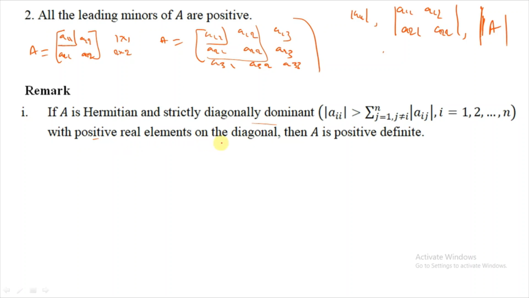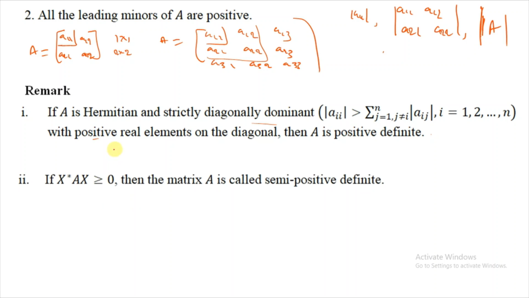Then A is positive definite. This is applicable only to Hermitian matrices. If a Hermitian matrix is diagonally dominant, we can say it's positive definite. Or you can go for another method: check all leading minors, or check the eigenvalues. If all the eigenvalues are positive, it's a positive definite matrix.